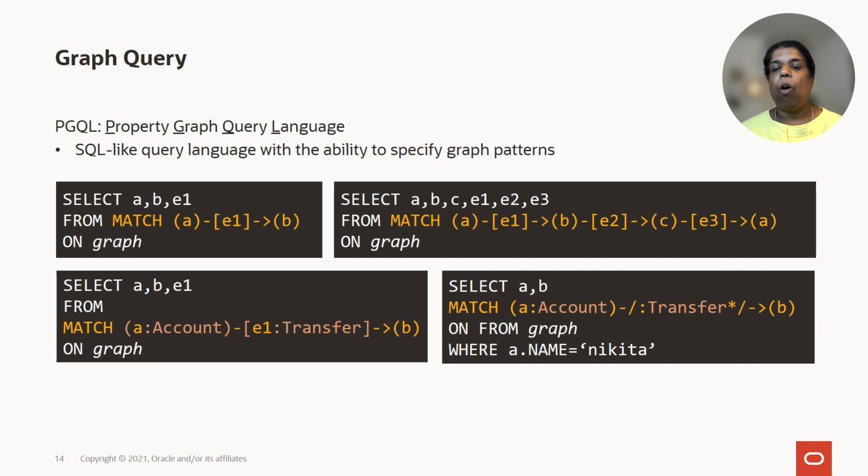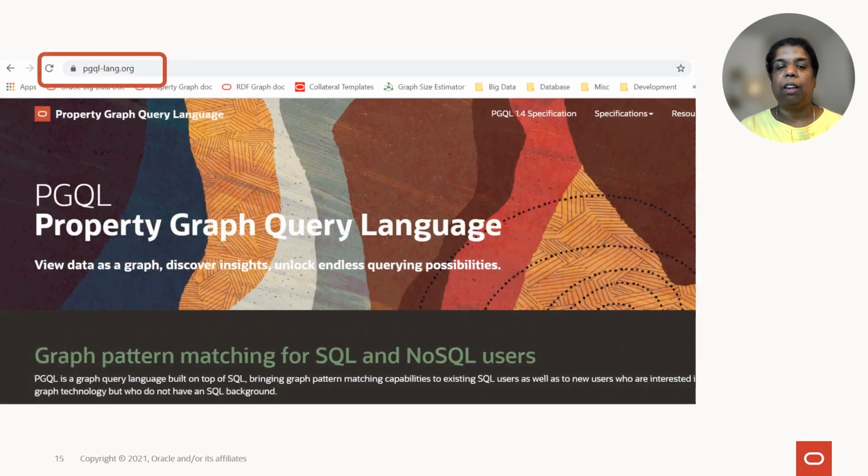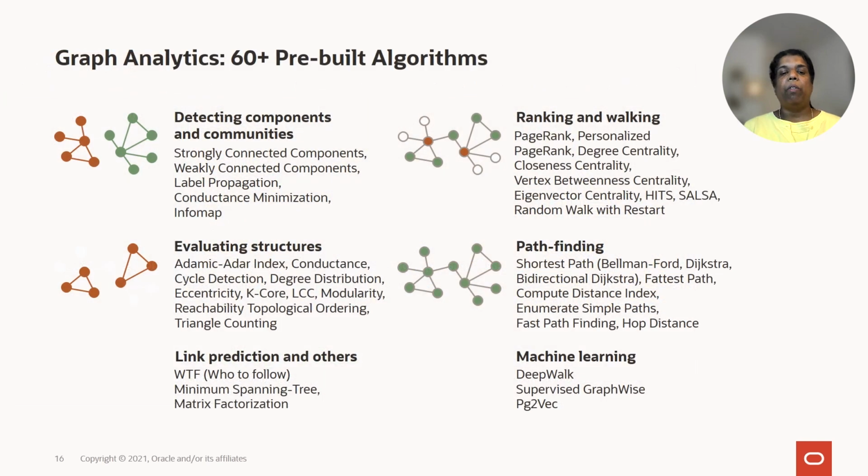So you're looking at all paths basically that are outgoing from Nikita that are 0 or more hops long. So you can see how we can specify more and more complex patterns using this language. We maintain this website, which gives you a comprehensive introduction to the PGQL language and all the details of various constructs that are available.